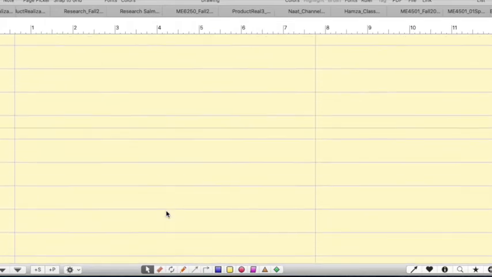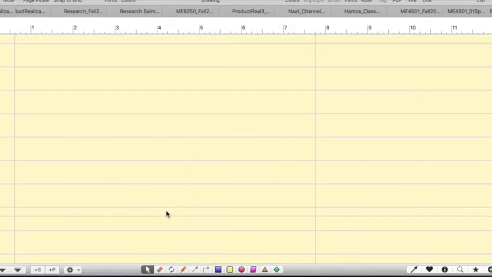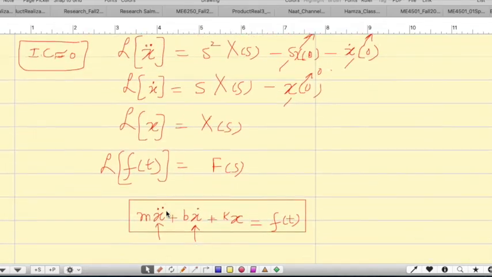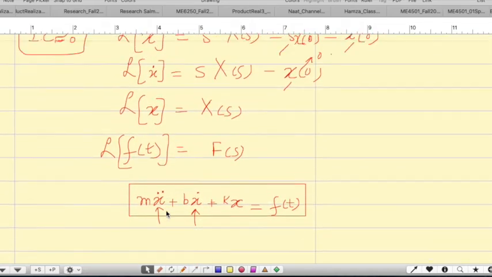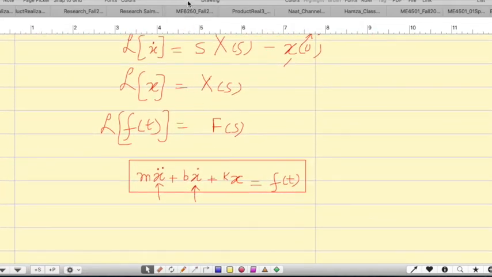Okay, so now I will just plug in the Laplace transforms of all these second order, first order, and zeroth order terms in the equation. So m s square big X plus b s big X of s plus k big X.